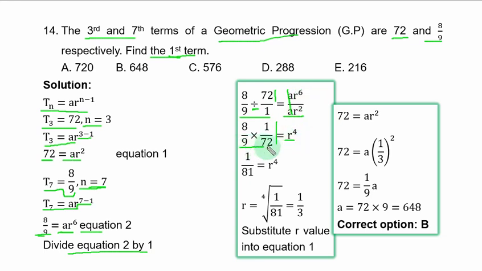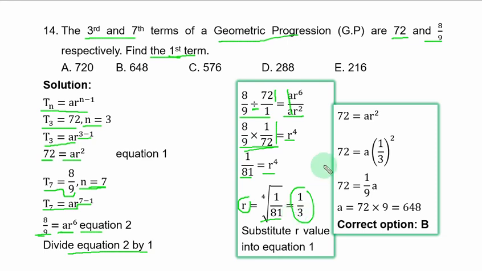If you simplify the left hand side, you have 1/81 equal to r power 4. To get r, you need to take the fourth root of 1/81, and that is 1/3. To get a, you need to substitute the value of r into any of the equations.